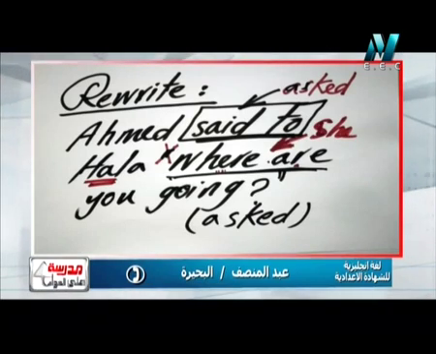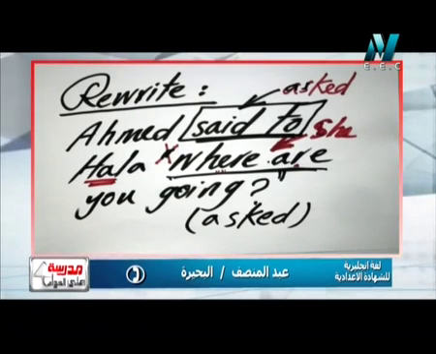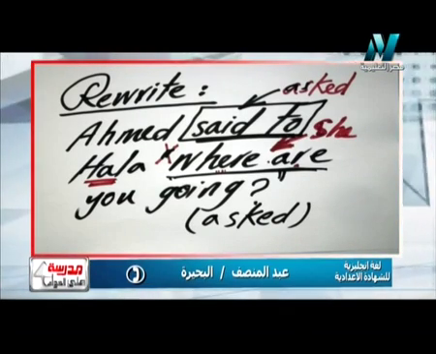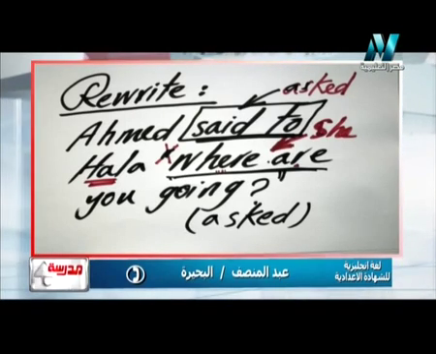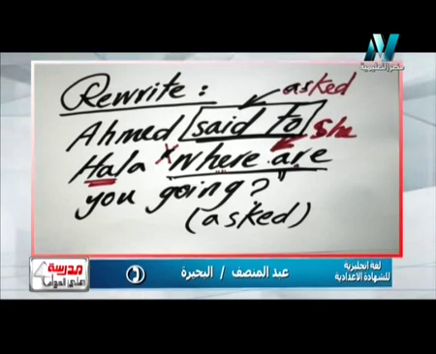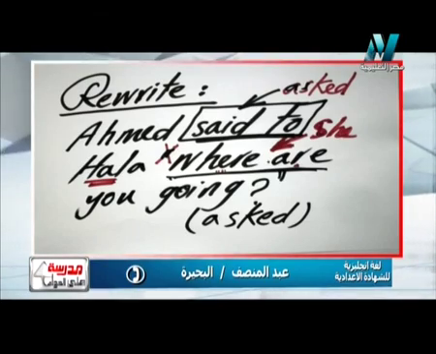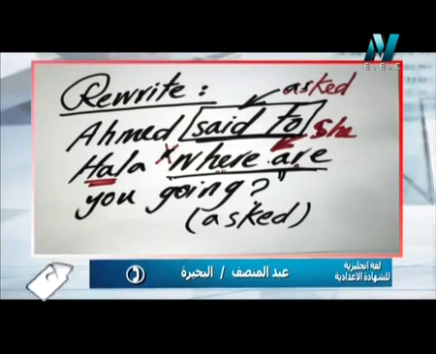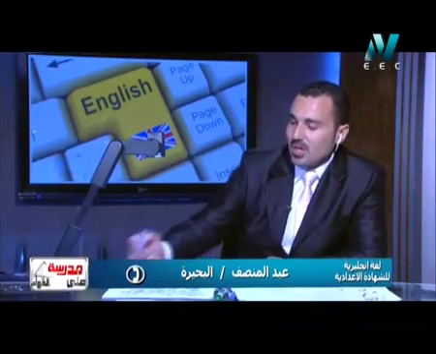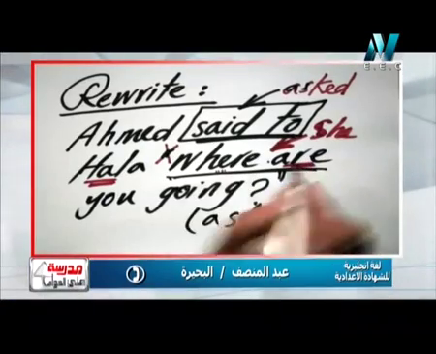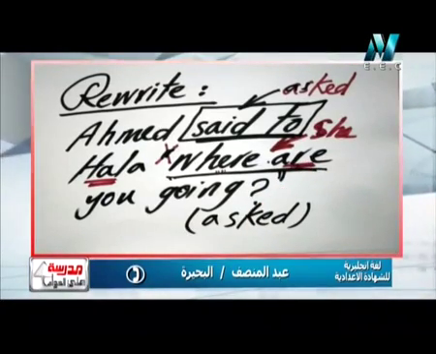We will change it to the past. Which tense is it? Present continuous. Yes, bravo. Present continuous, and its form is am, is or are plus verb ing. How will I change it? It will be was going.